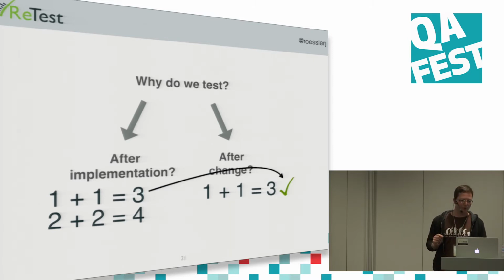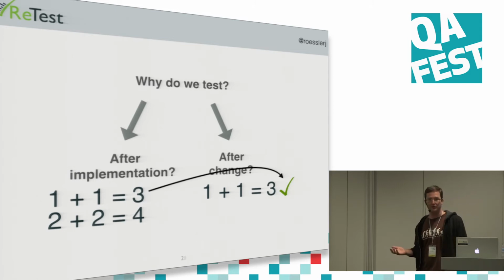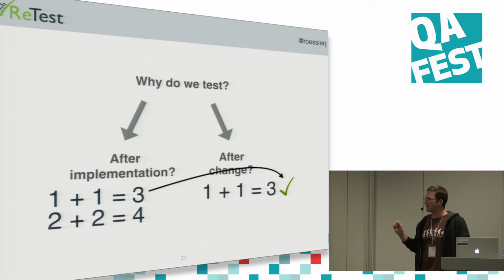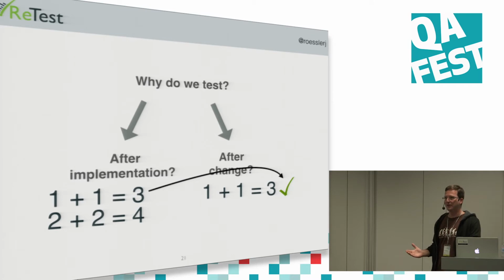There's a saying that programming is like sex. One mistake and you have to support it for the rest of your life. And this is the same thing, right? So if your customer is used to the fact that in your software 1 + 1 is 3, then you cannot change that. You can if you talk to the customer and have a change request and do all that stuff, but you cannot randomly change it.